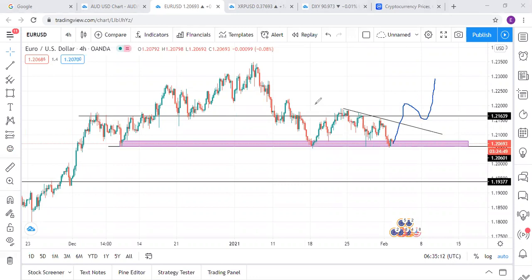There's one thing I want to tell you guys. I used to say, when you want to buy, never buy on a higher high. Always buy at a higher low level. Some people make a mistake: once they see it breaking out and closing a little above this, they enter that buy immediately.